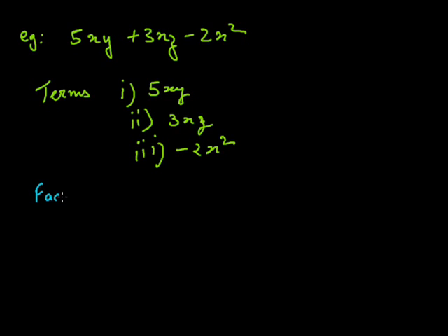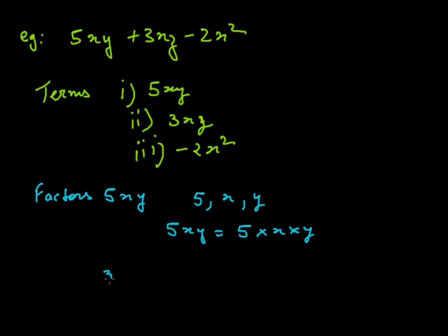Now if I ask the factors of 5xy, then the factors of 5xy are 5x and y, since 5xy is obtained by multiplying, or we can say by the product of, 5x and y.